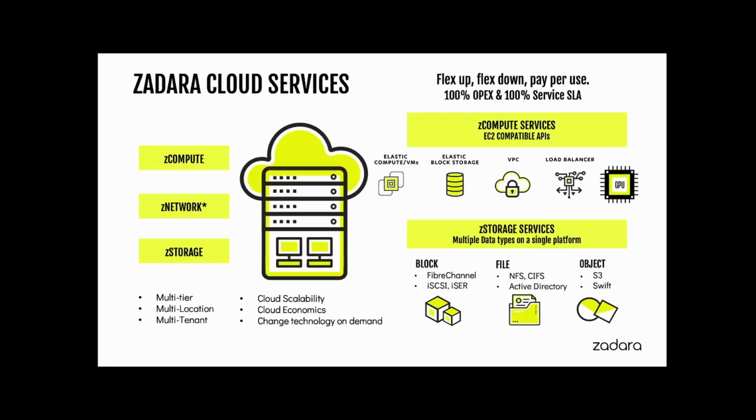An overview of the Zadara infrastructure. We support virtual private clouds on a KVM-based hypervisor. We have a wide variety of elastic compute VM resources, instance types. We have a very scalable elastic block storage tier.